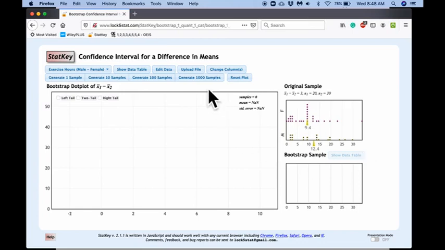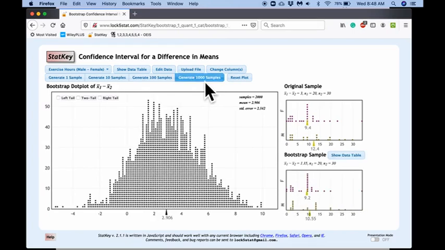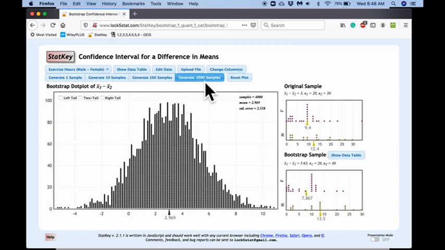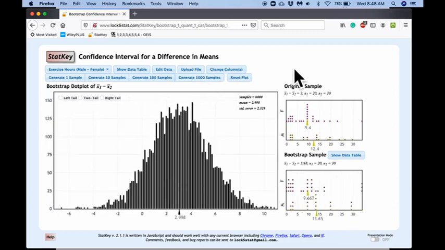So let's let the bootstrapping begin here. We're going to generate several thousand samples. And so StatKey is showing us through simulation what the variety of samples would produce in terms of the difference in their sample means. Okay, now to get the confidence interval, we just have to carve out the middle 95% of these dots, and StatKey is just going to do that by counting dots.